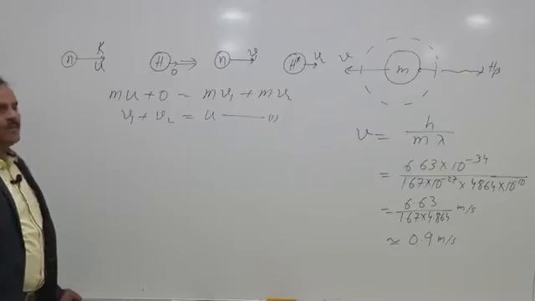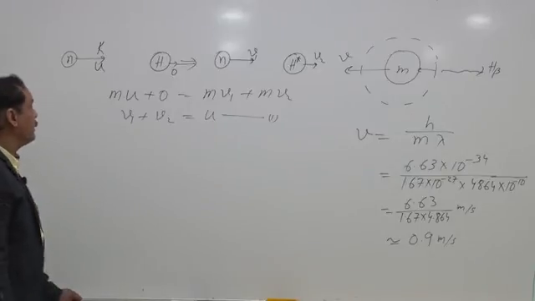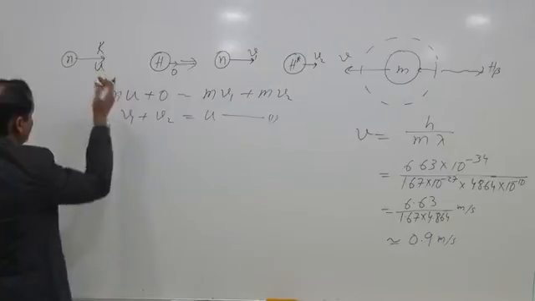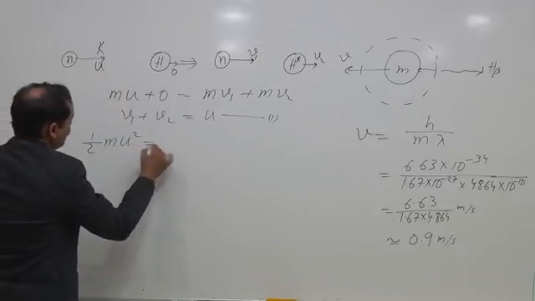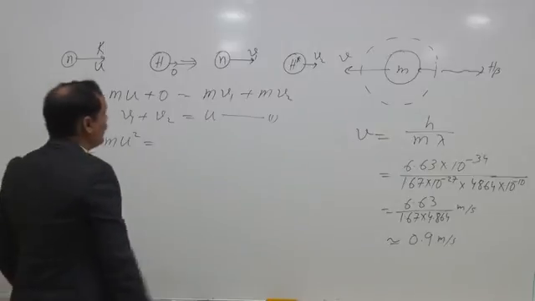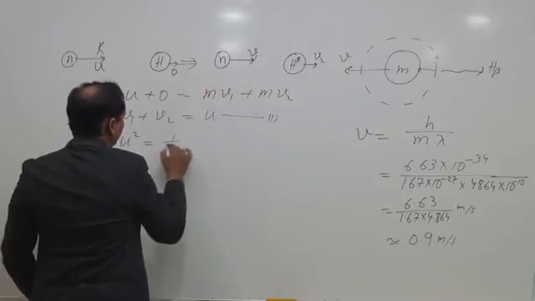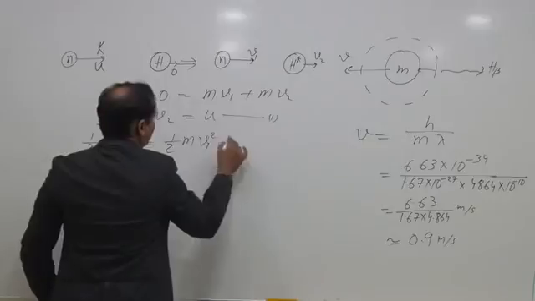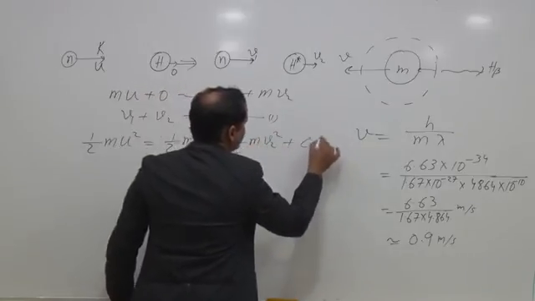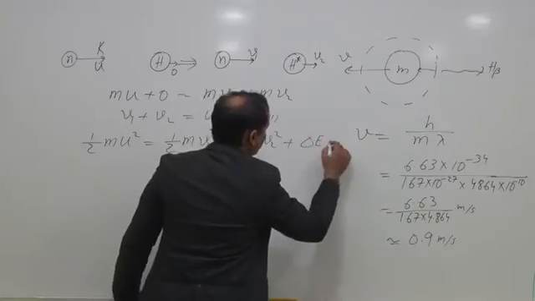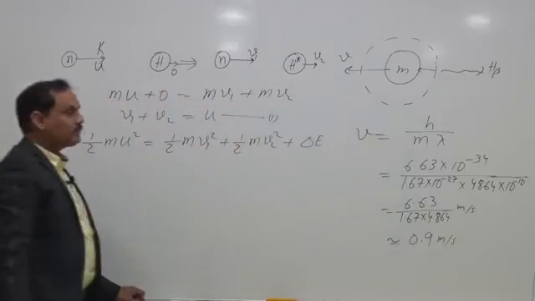Now next, from conservation of total energy. What is the total energy? Initial energy, half mu square, is equal to final energy, half mv1 square plus half mv2 square plus delta E, where delta E is the excitation energy.